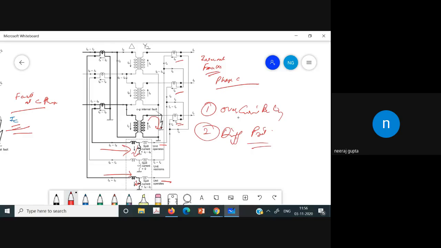In the differential protection, we have seen how we mark the different currents, and if we have, let us suppose, a delta-star transformer, then the secondaries of the CTs connected to it should be star and delta. In that case, the system will work perfectly, which we have discussed in these two cases. This is about the differential protection.